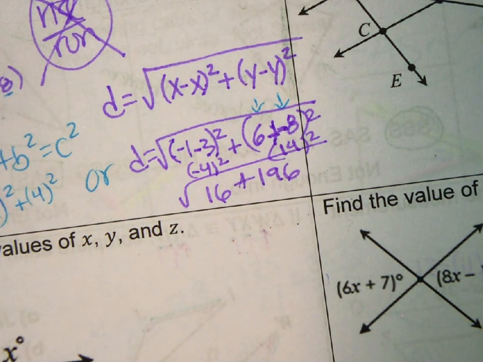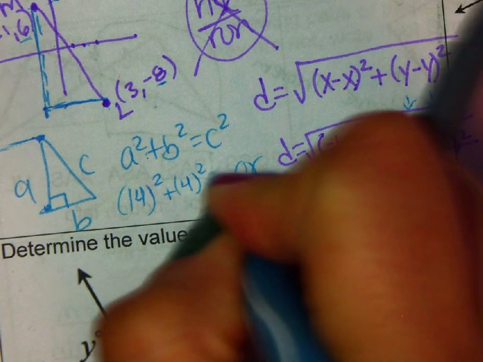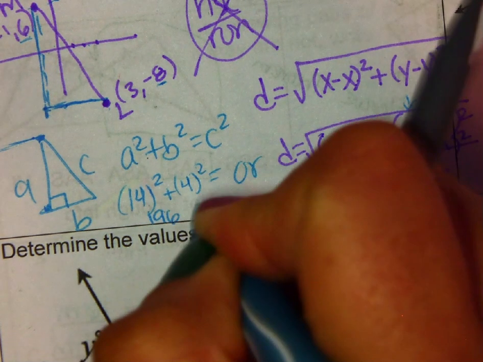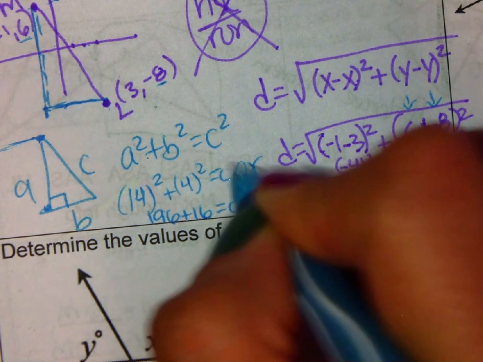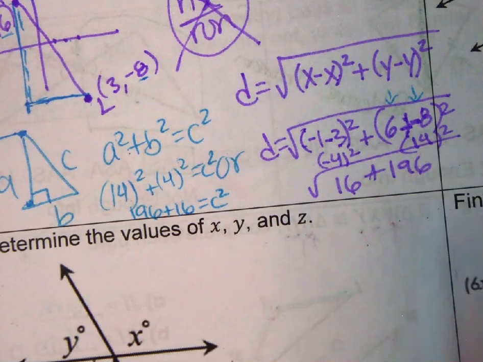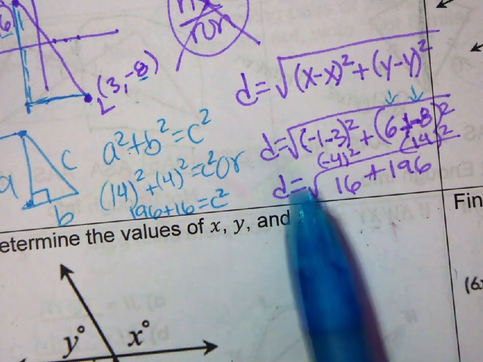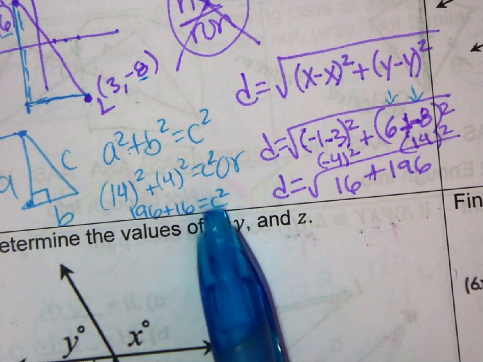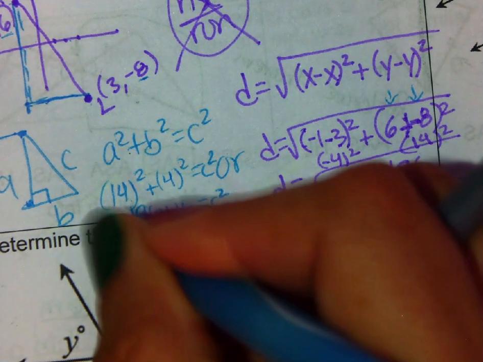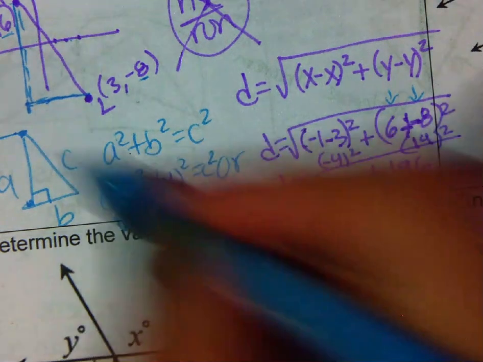Okay, and I just want to show that if you do the Pythagorean theorem, you end up getting the same answer. So 14 squared is 196, and then 4 times 4 is 16, and this equals c squared. Here we find that the distance equals the square root of that. So here we do the square root of that answer, and it gives you your c value, which is the distance.